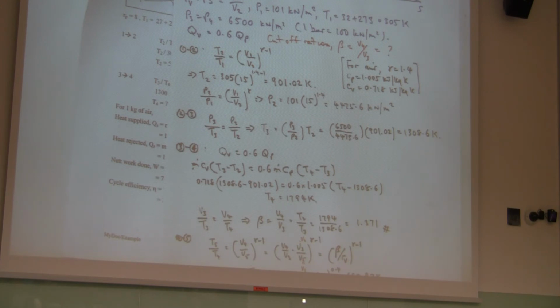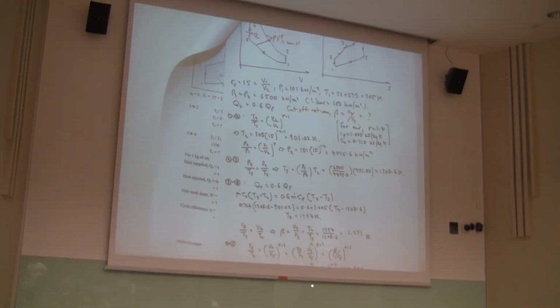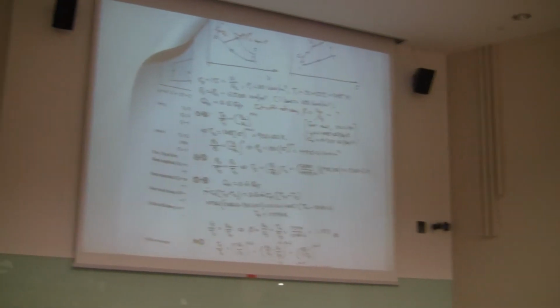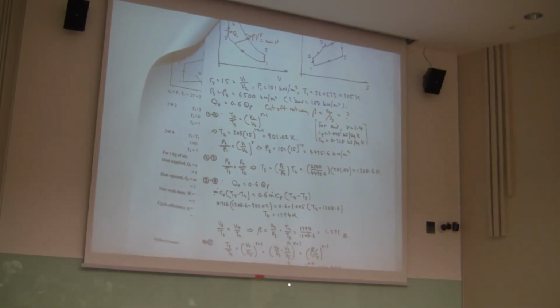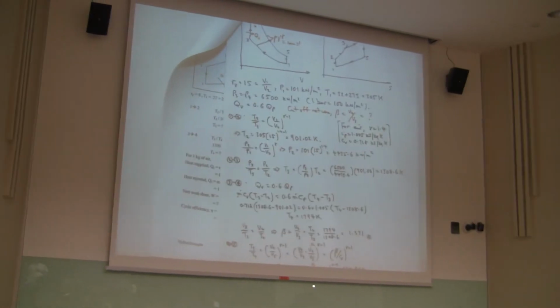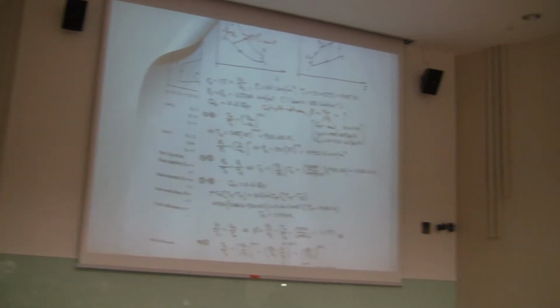So some of these terms involving the cycles are very specific, like for example your compression ratio and your cutoff ratio. So you have to read the notes to get all this information, the definitions, to understand the problem.